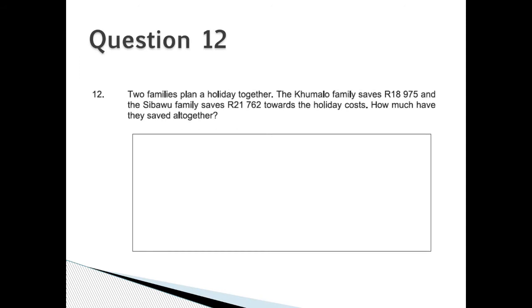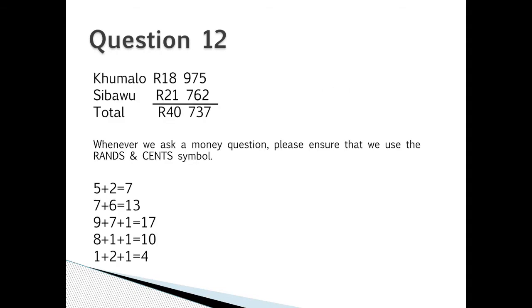Question 12. Two families plan a holiday together. The Kumalo family saves 18,975 rands and the Sabawo family saves 21,762 rands towards the holiday cost. How much have they saved altogether? This requires us to add what the two families have saved together.